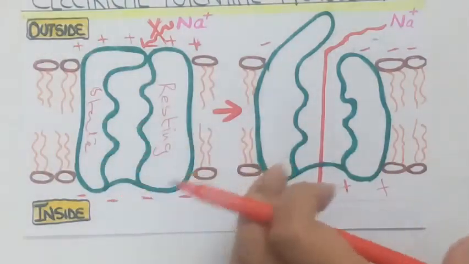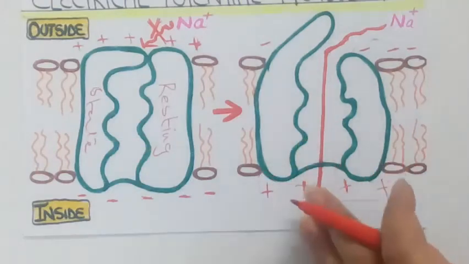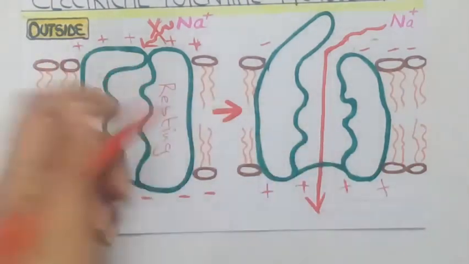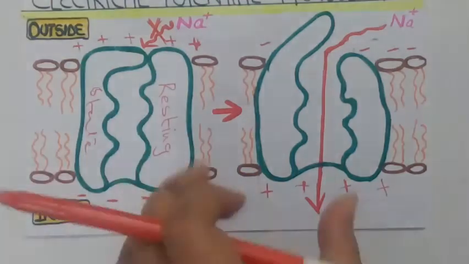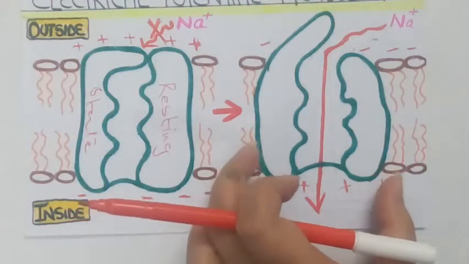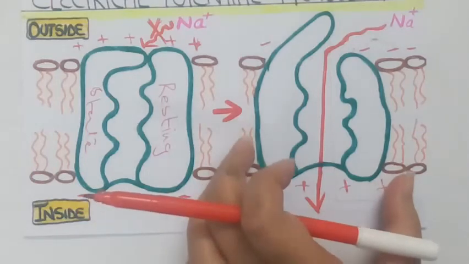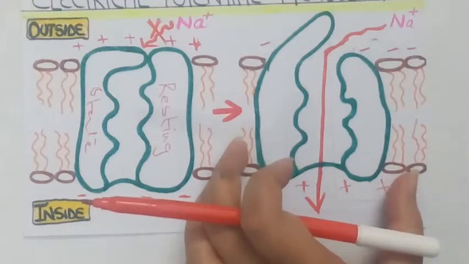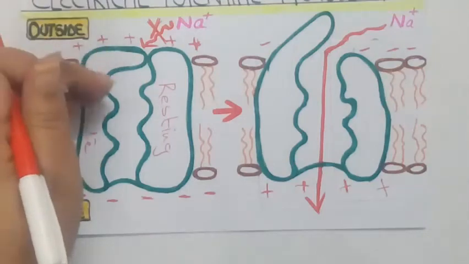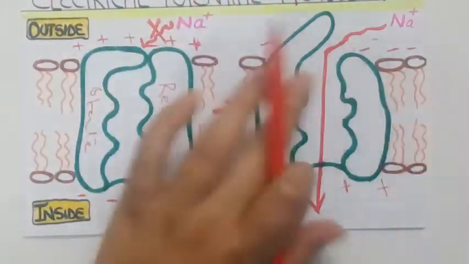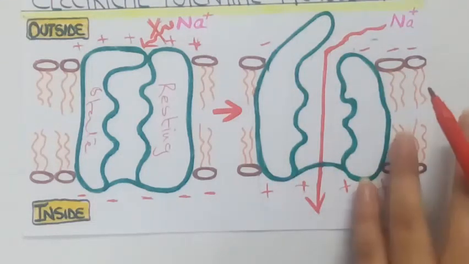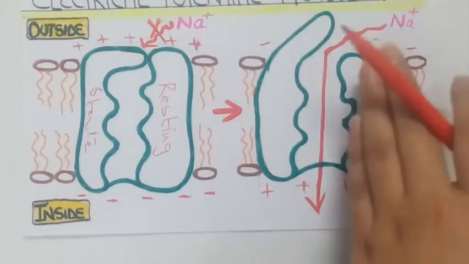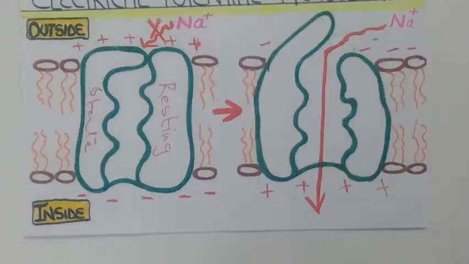So the electric field associated with this depolarization will induce conformational changes in this protein, and that conformational change will result in the lifting away of these gate-like extensions, resulting in opening of the channel, and that will allow the passage of sodium ions from outside towards the inside of the cell membrane.